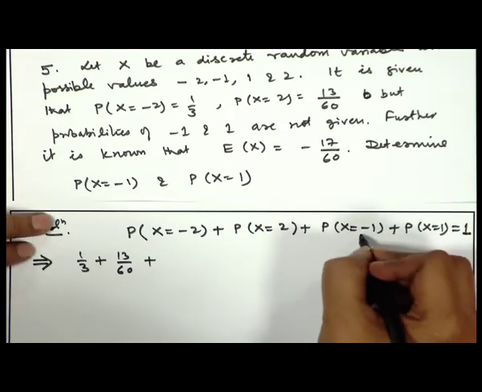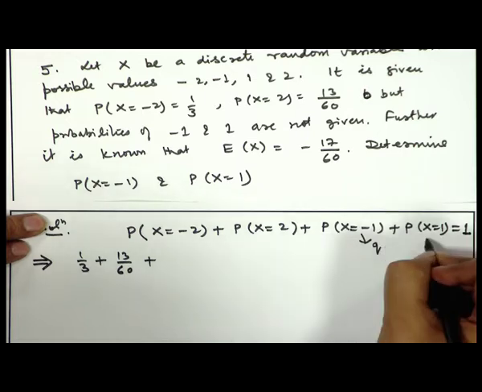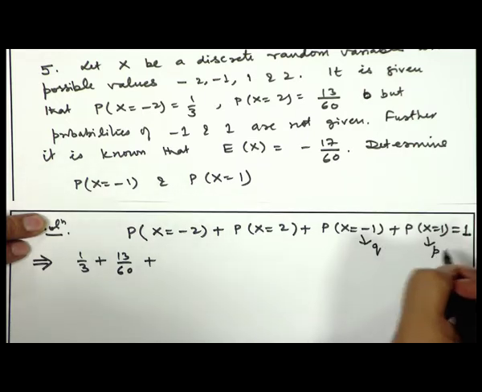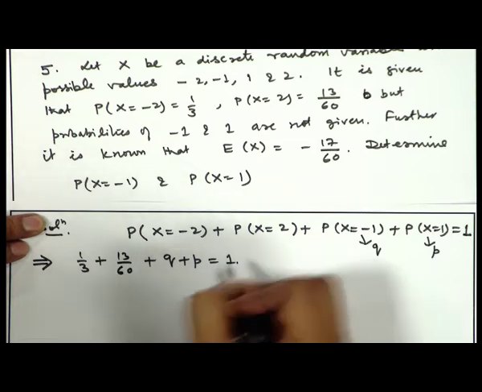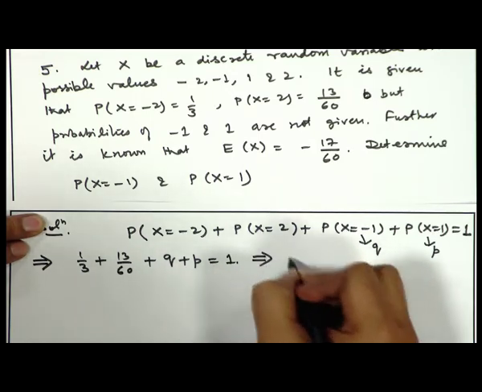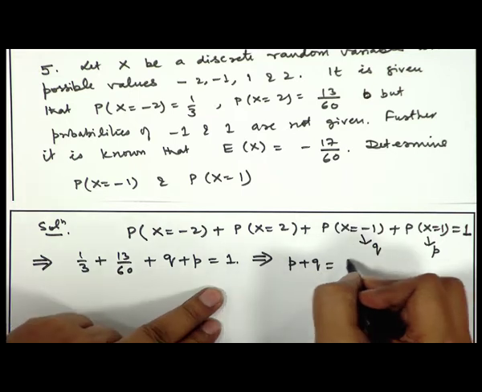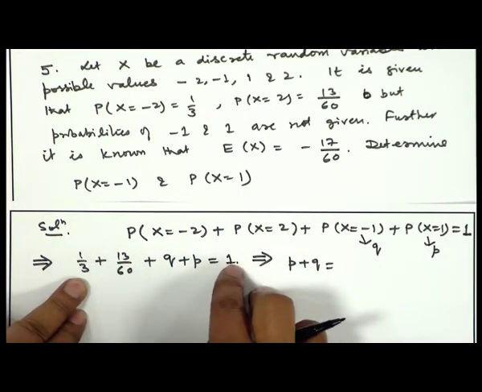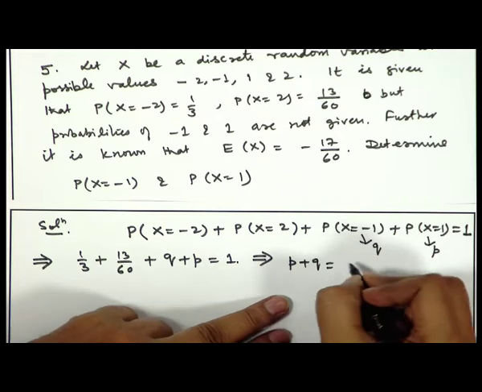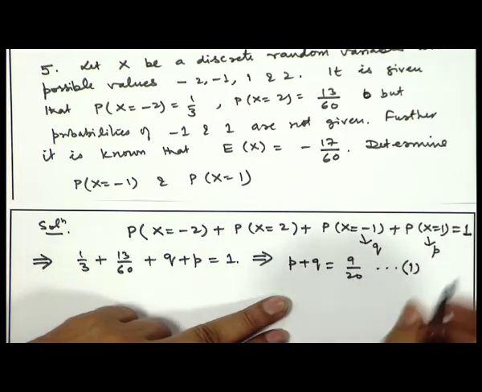So, we make some assumption, let us assume probability x equal to -1 is q and probability x equal to 1 is p. So, this is q plus p is equal to 1. So, this will give you p plus q is equal to, so 13 by 60 plus 1 by 3 you add and subtract from 1. So, we get here it is equal to 9 by 20. Let me call this equation 1.